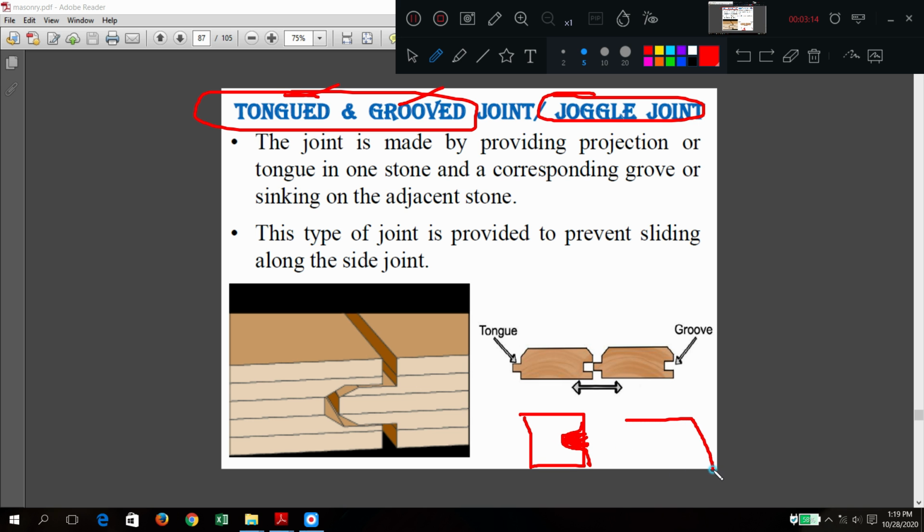Similarly, another piece has a projection like this. This projected portion is the tongue. The other piece has another tongue, and here the groove is made.